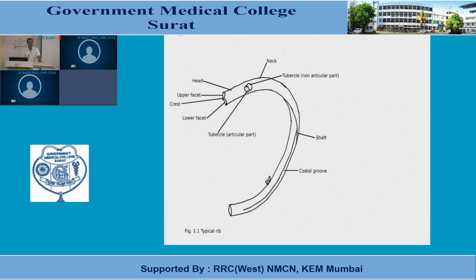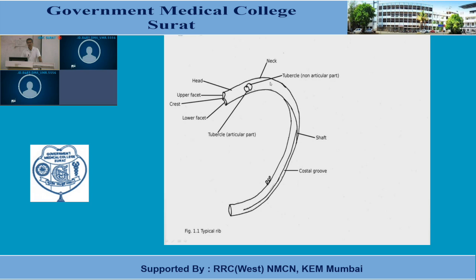Therefore a human can lie in prone position easily, and there is no problem from the spine of the thoracic vertebra because of this angulation of the rib. But in other animals it is not possible. Only in humans is prone position possible, because of this angulation or formation of angle by the ribs.